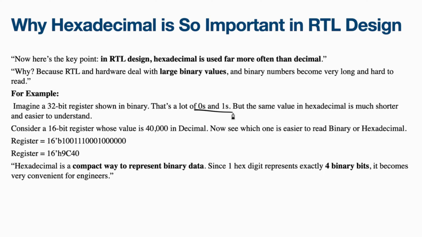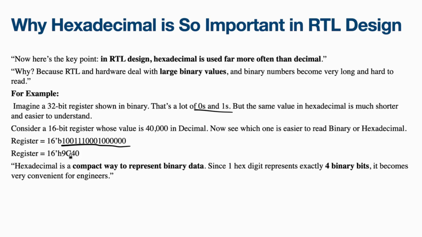Imagine you have a 32-bit register shown in binary. That will be a lot of ones and zeros, and it will be difficult for you to understand and more prone to making an error. But the same value in hexadecimal is much shorter and easier to understand. Now let's take an example of a 16-bit register whose value is 40,000 in decimal.